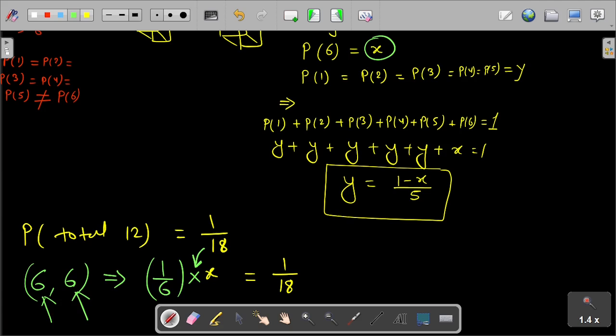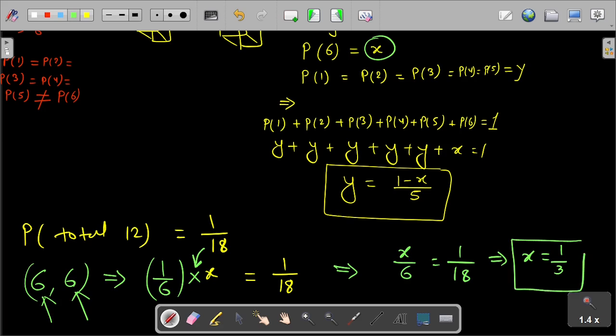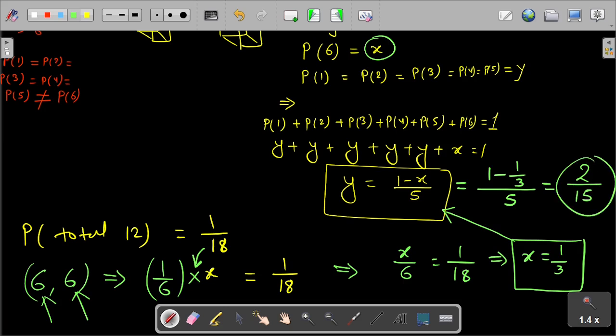That's why we multiply. Solving, we get x upon 6 is equal to 1 over 18, so x is equal to 1 by 3. Then y is (1 minus 1 by 3) upon 5, which is 2 upon 3 upon 5, that is 2 upon 15. So we get the probability of each individual case for the non-fair dice also.